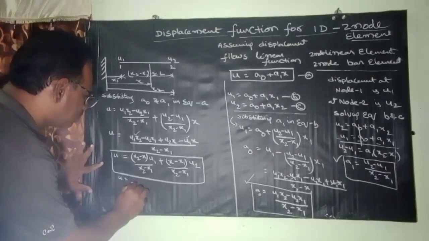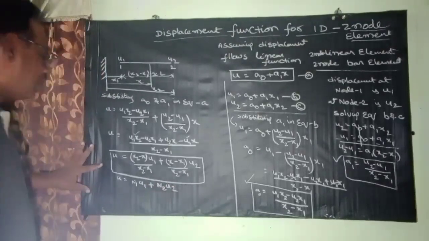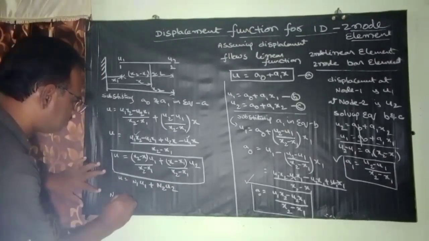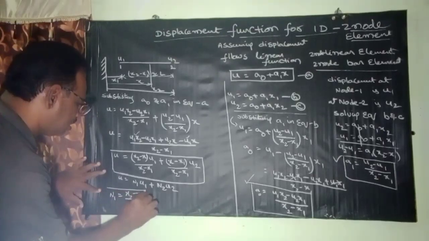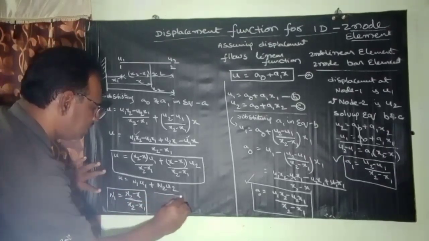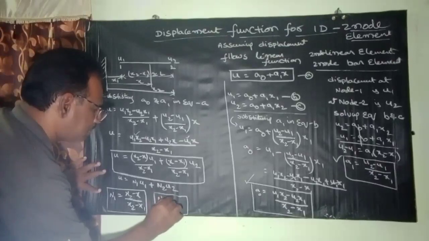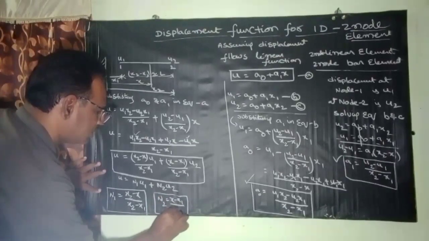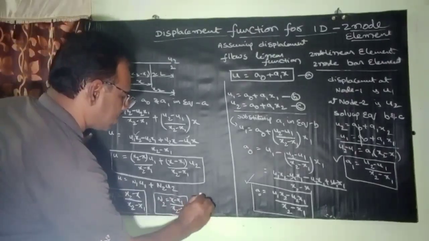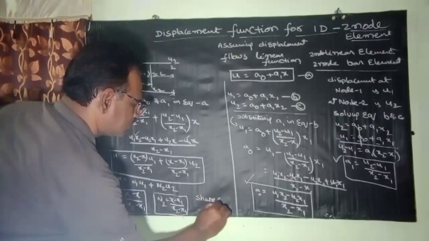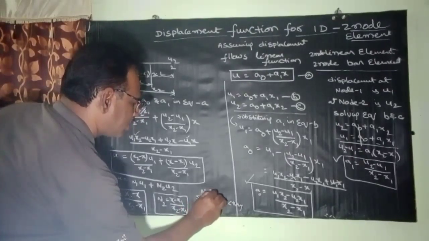So u equals n1 u1 plus n2 u2, where n1 equals x2 minus x by x2 minus x1, and n2 equals x minus x1 by x2 minus x1. n1 and n2 are known as shape functions.